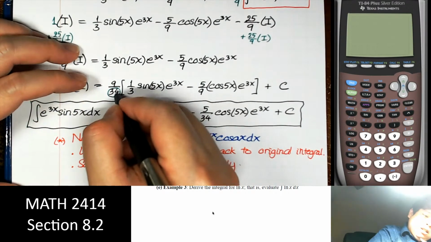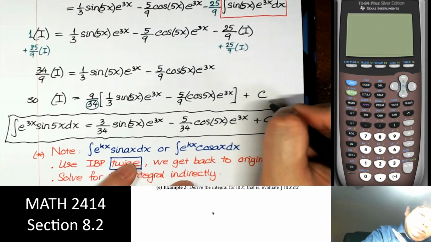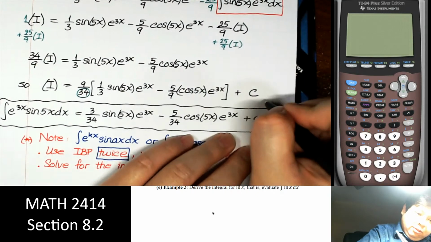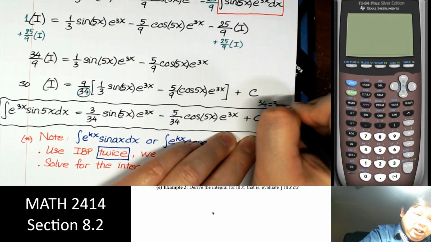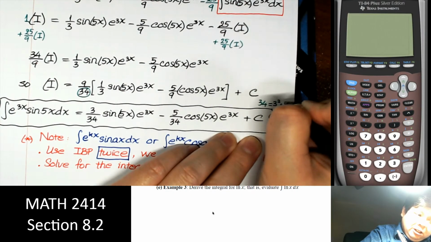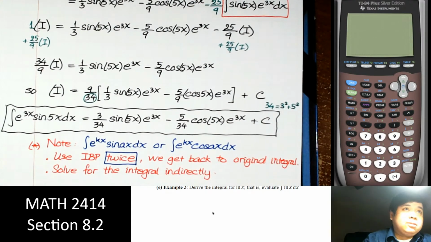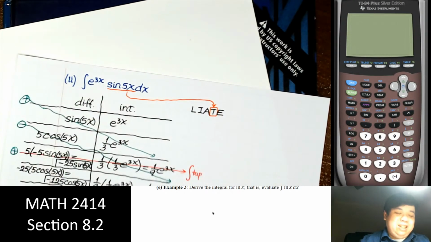If you think about that, the 34 is equal to 3 squared plus 5 squared.